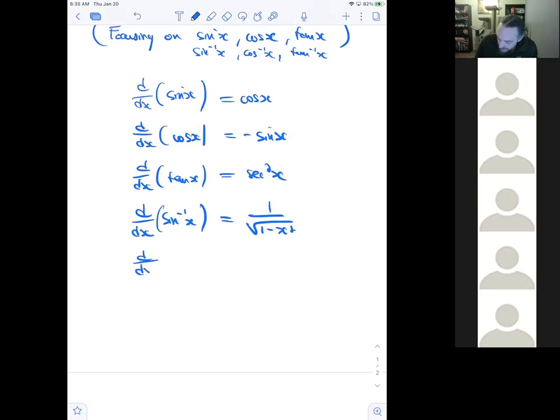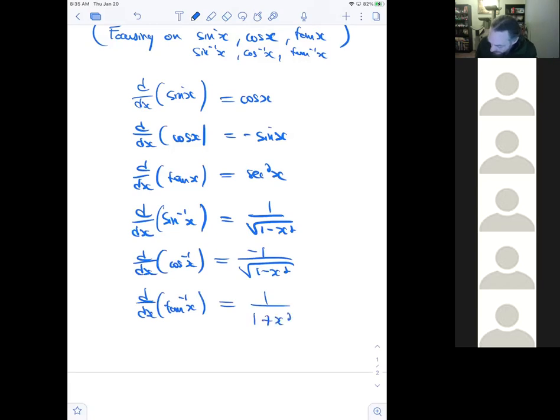The derivative with respect to x of cos minus 1 x equals negative 1 over the square root of 1 minus x squared. And the derivative of tan minus 1, arc tangent, is equal to the important one, 1 over 1 plus x squared.